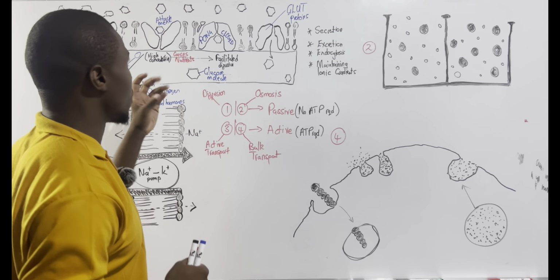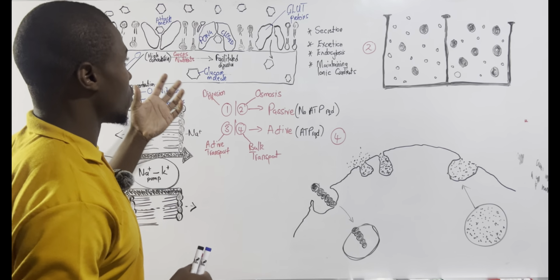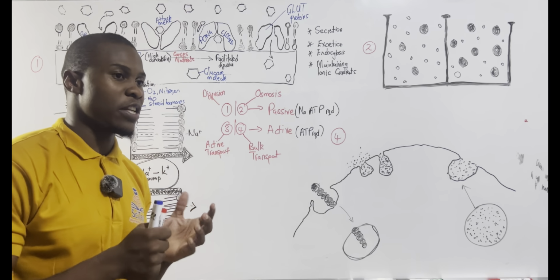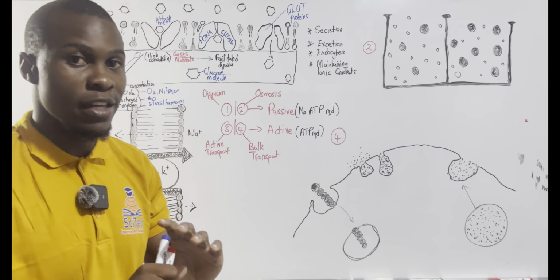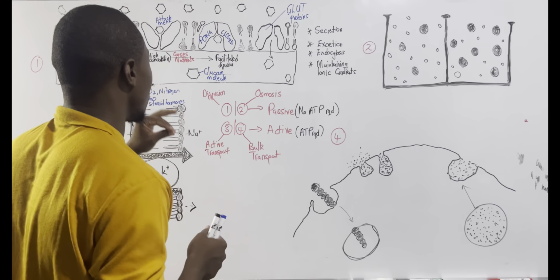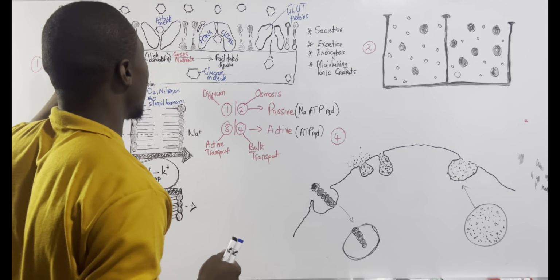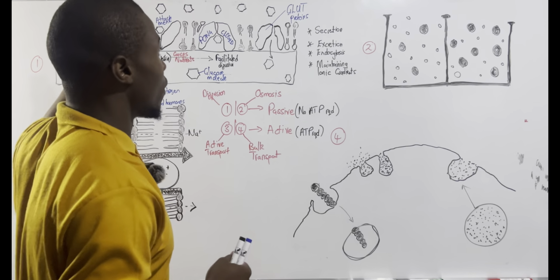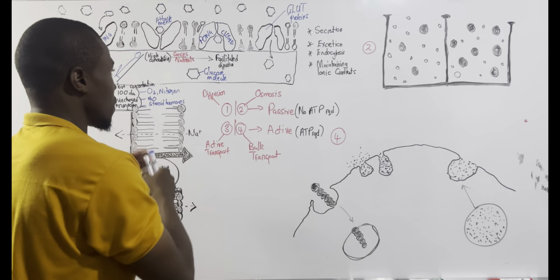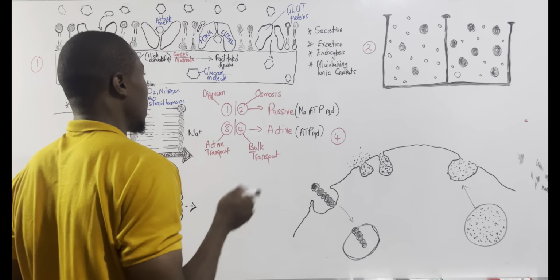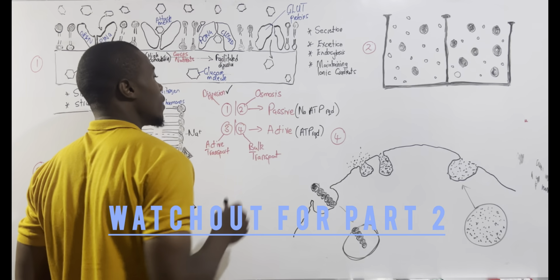Meaning to say, when the concentration gradient is at balance, diffusion is less likely to occur. Diffusion can only occur when there is a diffusion gradient. This is passive process number 1. So I'll tick here and say diffusion is done.